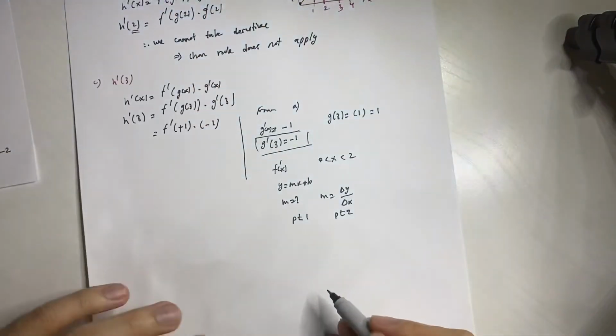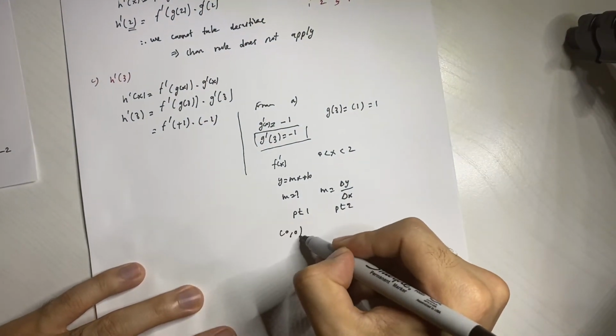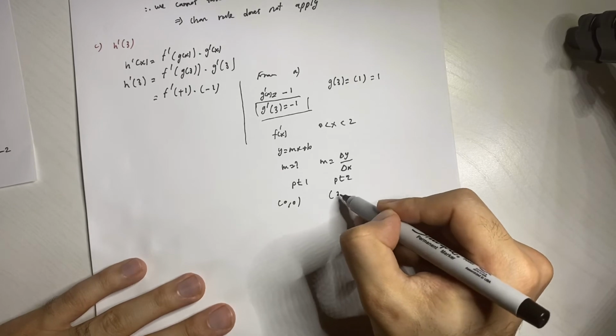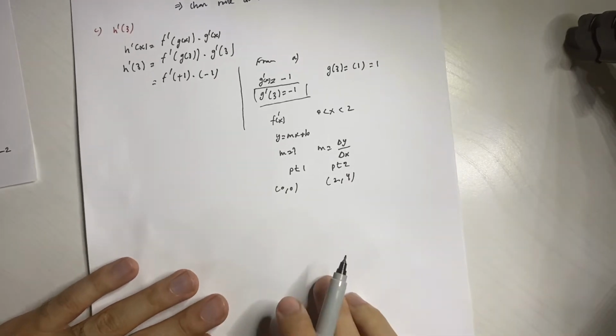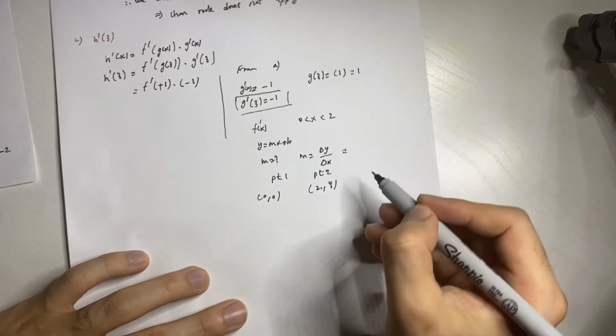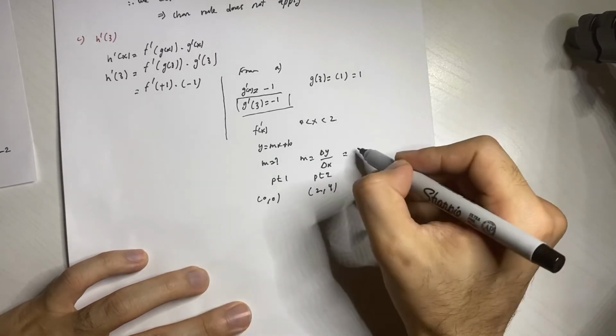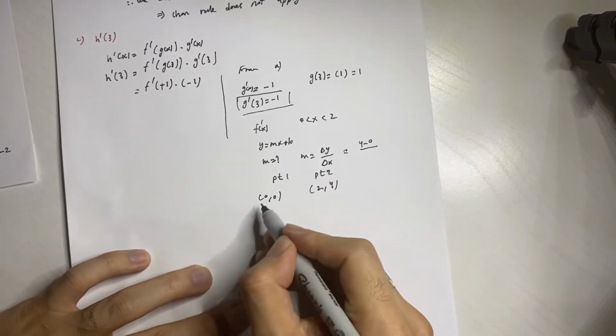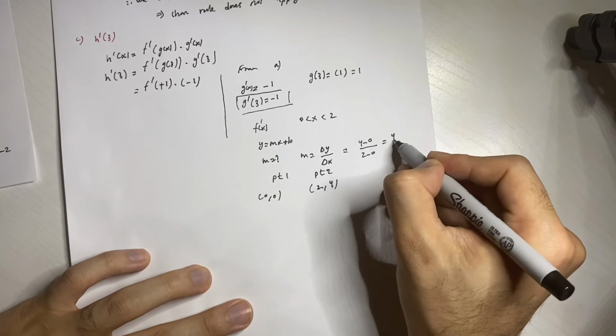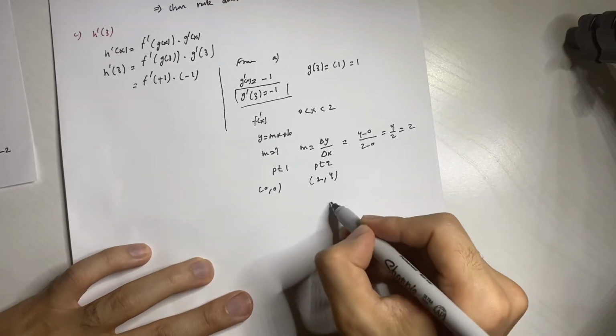So I pick 2 points here, the last point on that line, that is (0, 0) and (2, 4). Now we can plug these values into the slope, and that is going to be 2.